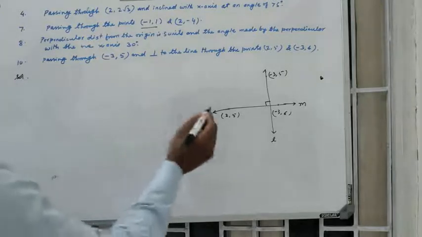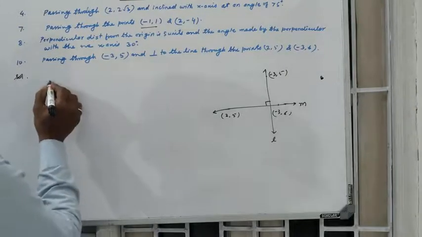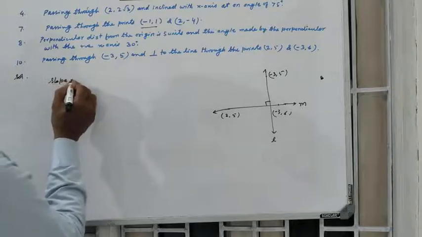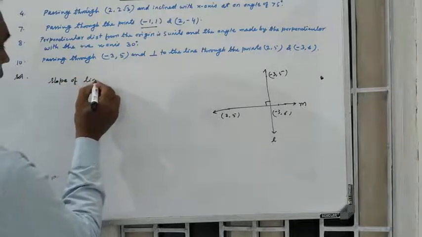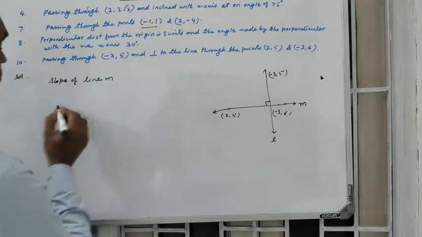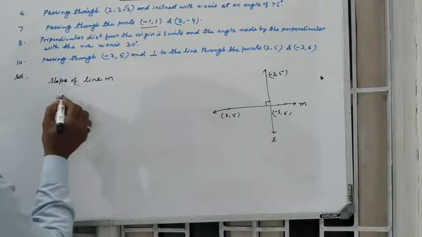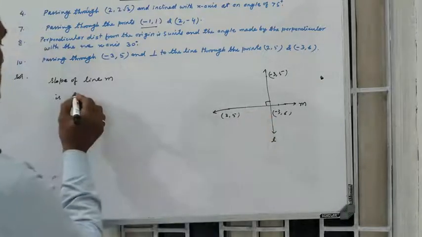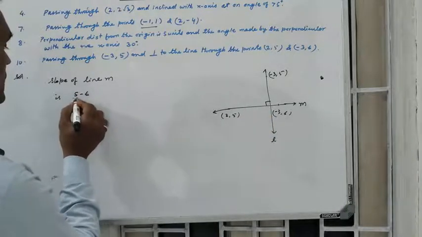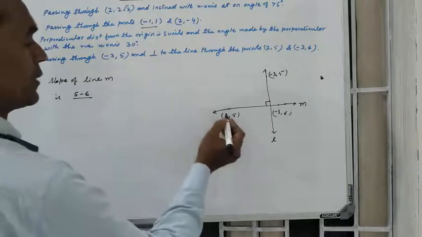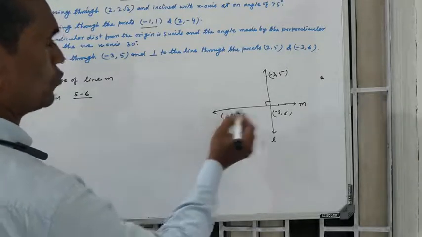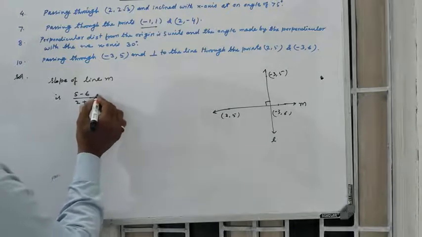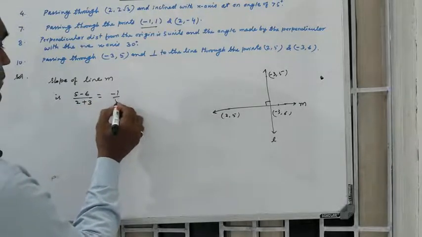So first of all find the slope of line M. Slope of line M is the difference of y coordinates, 5 minus 6, divided by the difference of x coordinates, 2 plus 3. 2 plus 3 is 5, so it is -1 by 5.